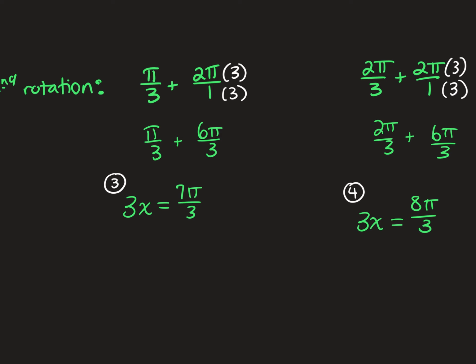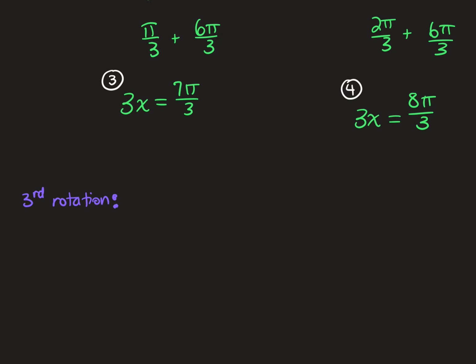Okay, that's 2 rotations. I still have to do 1 more. So what I'm going to do is take whatever I got for the second rotation and just add another rotation to that. So for the last rotation, the third rotation, I need to add 2 pi to whatever I got from the second rotation.